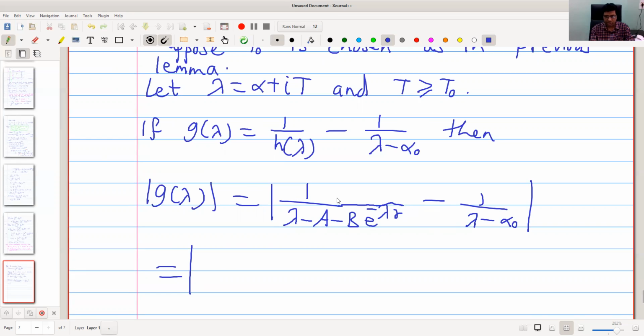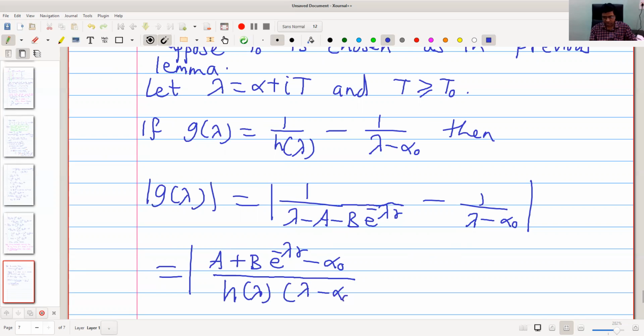So in the numerator lambda gets cancelled and we have a plus b e raised to minus lambda r minus alpha 0. The denominator is this multiplied by this. We call this h of lambda for simplicity, and this is lambda minus alpha 0.